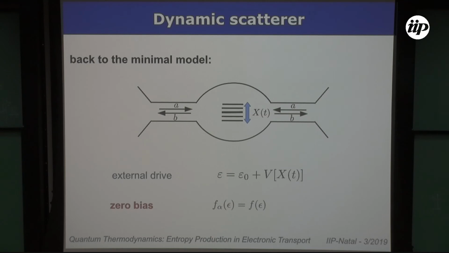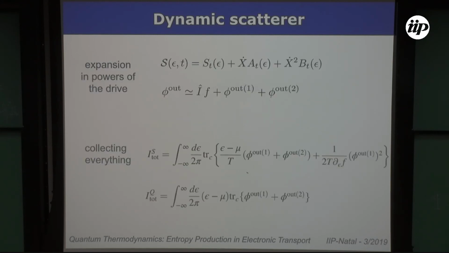By doing so, this will do some work, and there is some back action force that will eventually lead to some dissipation. To simplify even further, we are trying to understand what happens at zero bias. This is introduced just for the sake of simplicity, but one can do better than that.